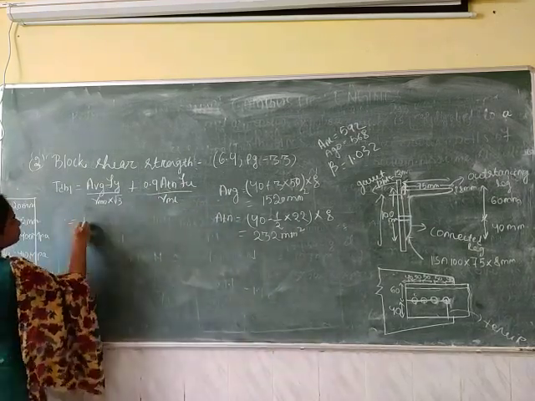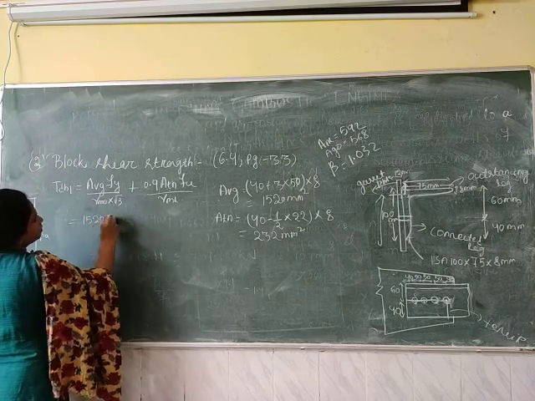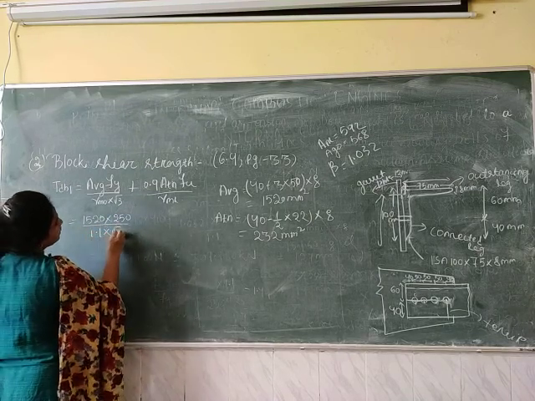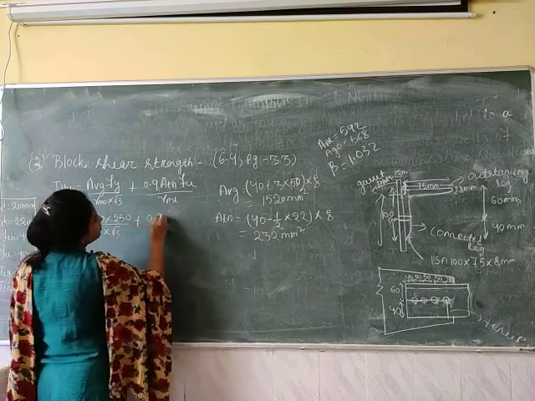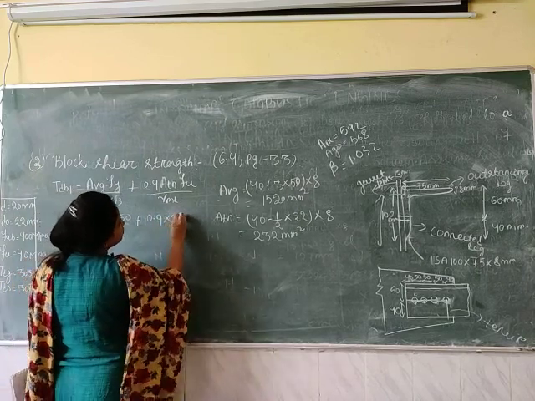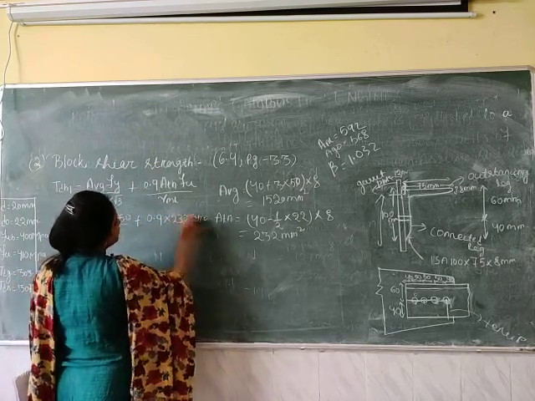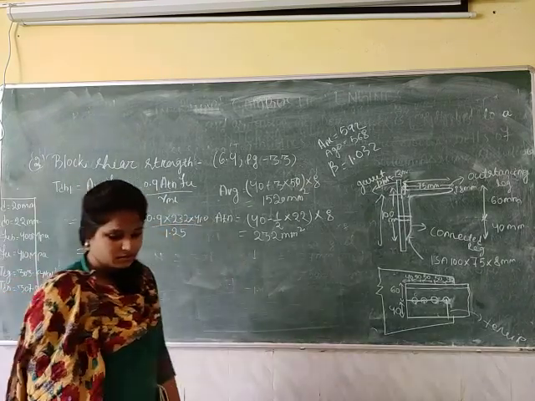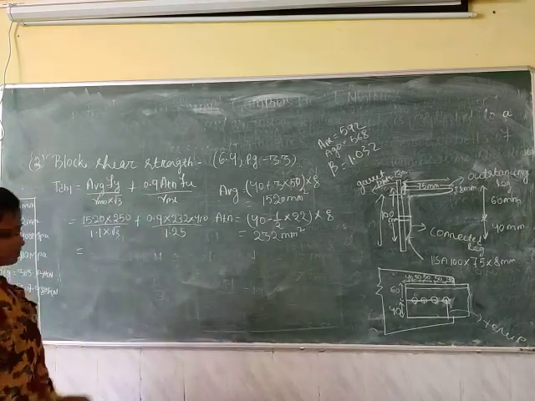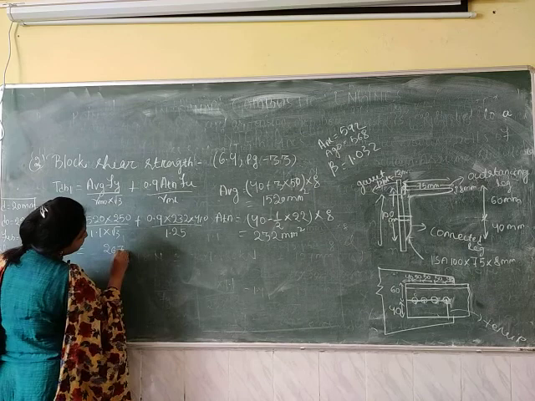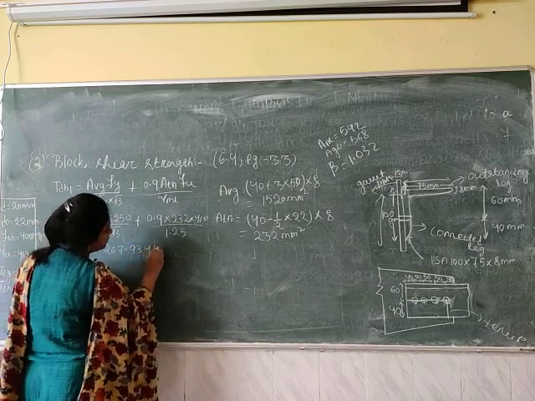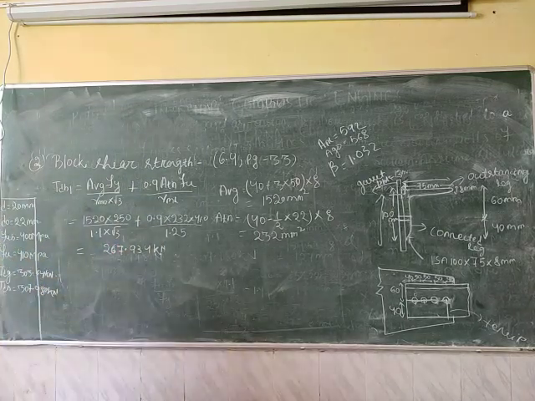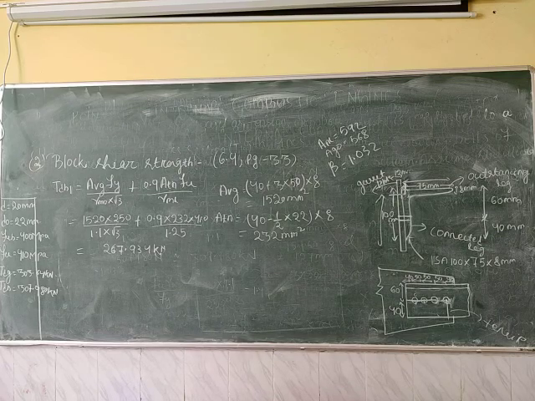So this is 1520 into 250, gamma m naught is 1.1 into root 3, plus 0.9 into 232 Fu 410, gamma ml is 1.25. So this value is 267.934 kilonewton. This value will come in Newton, then write it into kilonewton. So this is the one combination.